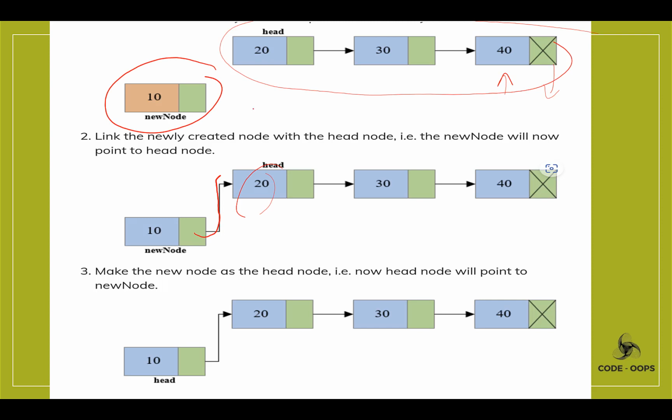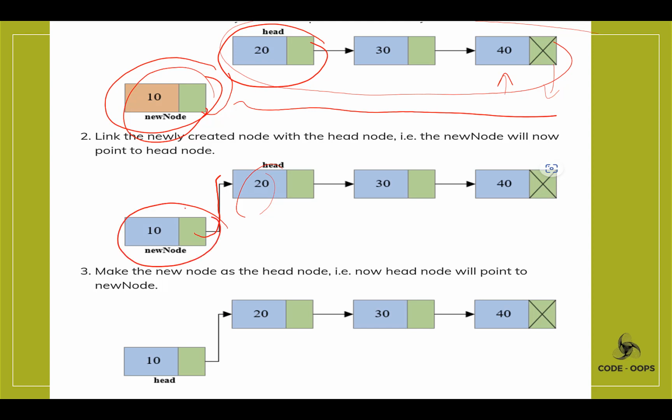Given a linked list having three nodes 20, 30 and 40, if we want to add a new node 10 as the first node of the list, then the head pointing to node 20 will now point to node 10, and the next pointer of node 10 will have the memory address of node 20.